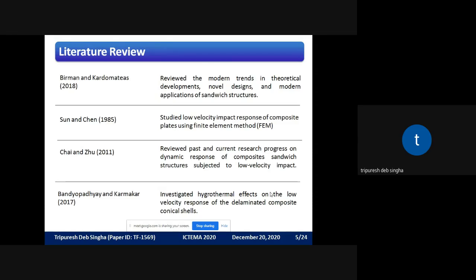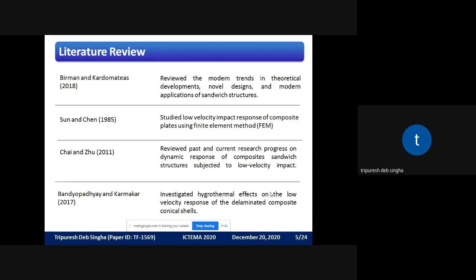There are wide investigations carried out on low velocity impact and high velocity impact. Several literatures are available, but only a few are considered here. Birman and Kardomateas reviewed the modern trends, theoretical developments and novel design applications of sandwich structures. This sandwich may be a composite sandwich or a functionally graded material sandwich.